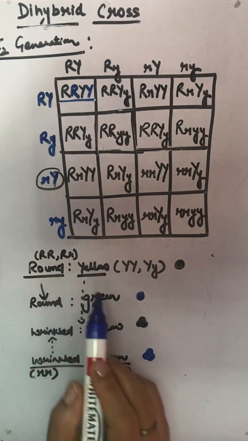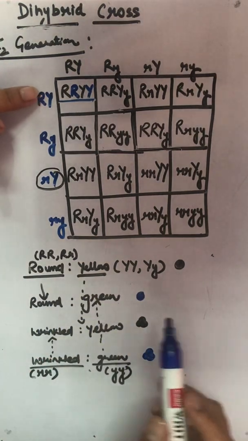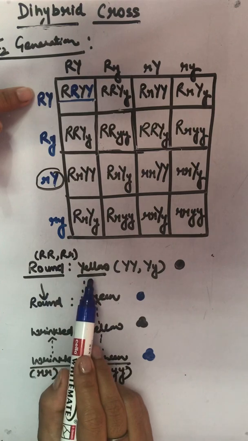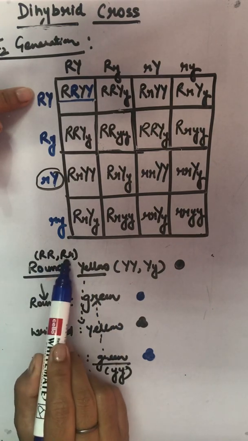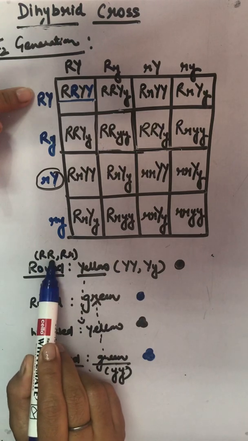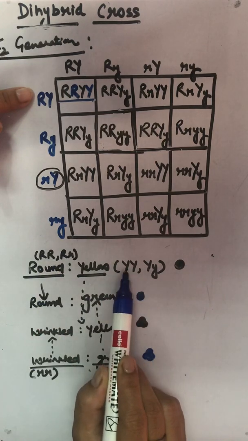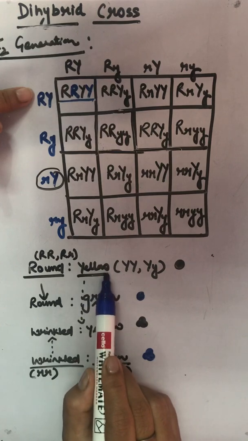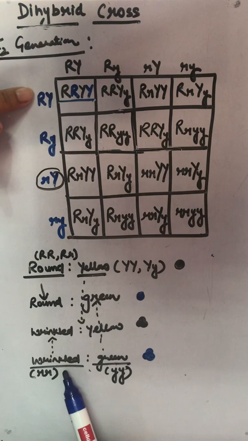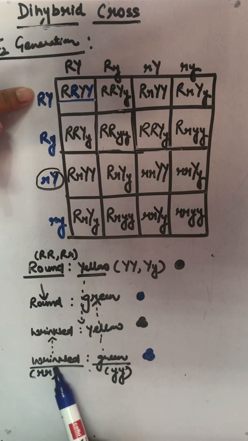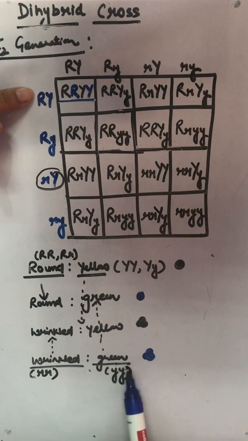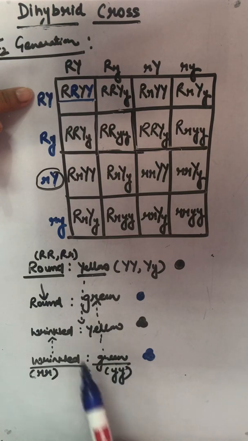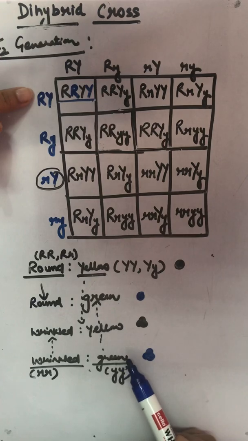Now, any combination which is going to be round and yellow has to have at least one capital R or both the capital R's, and one capital Y or both the capital Y's to appear as yellow. If it is going to be wrinkled, it has to have both the small r's. And for green, it has to have both the small y. Accordingly, we will pair up here.